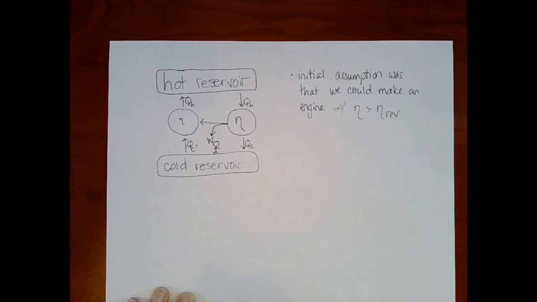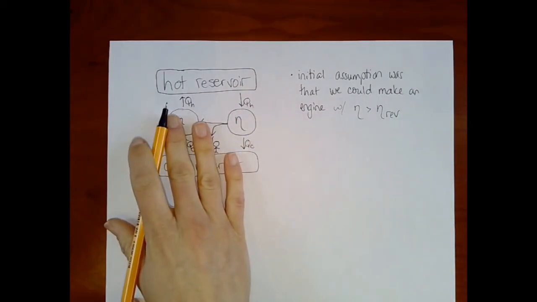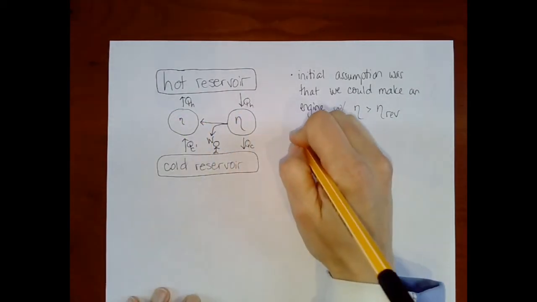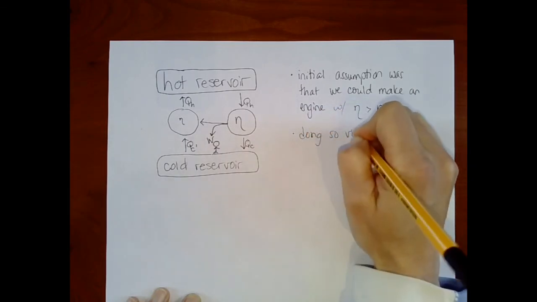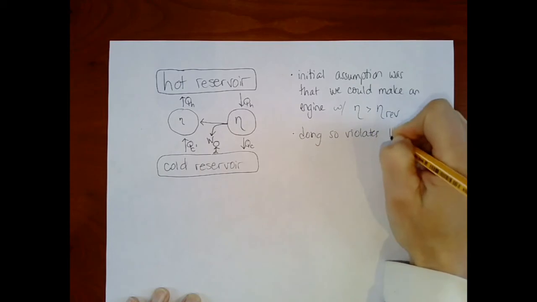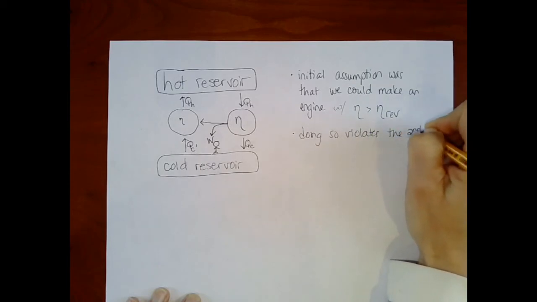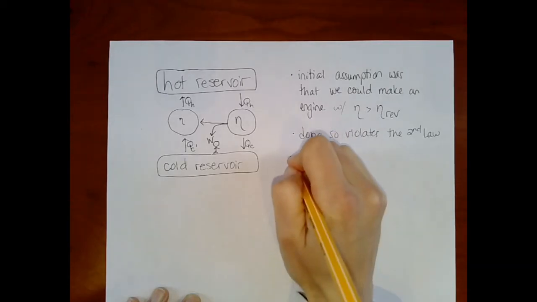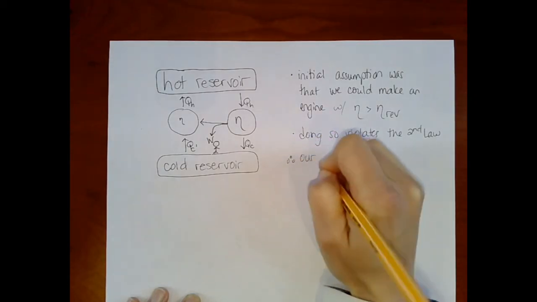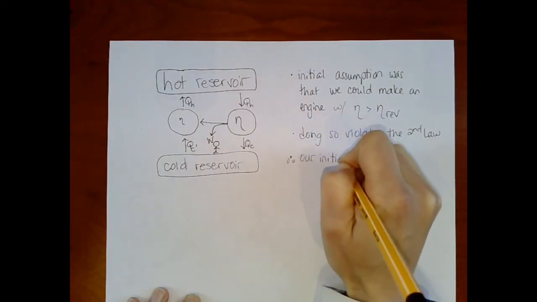That was an initial assumption in this device that we built. We learned that doing this violates the second law, and therefore, we're forced to conclude that our initial assumption was incorrect.